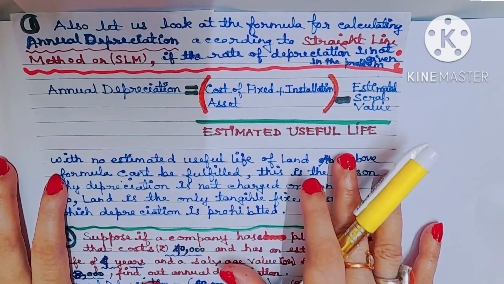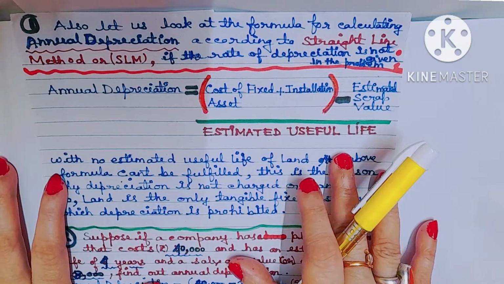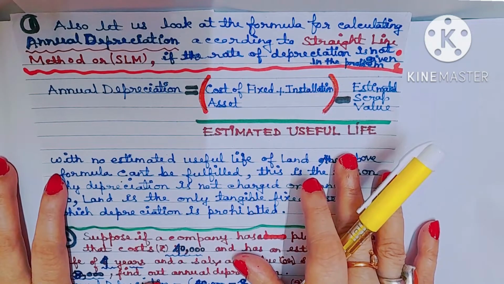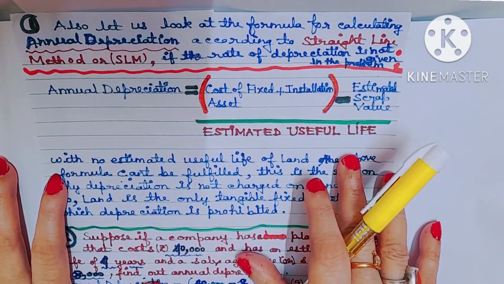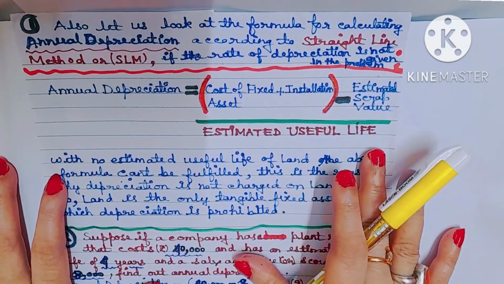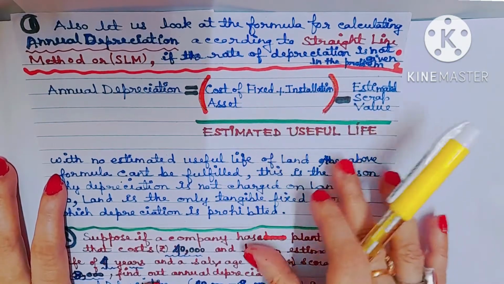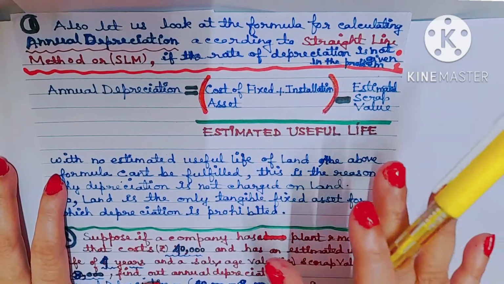That means total cost of the fixed asset is determined after adding all expenses incurred for bringing the asset to usable condition such as freight, transit insurance, duties and installation charges. Understood? For example, plant and machinery 40,000 is not the total cost of the asset, always you have to add.